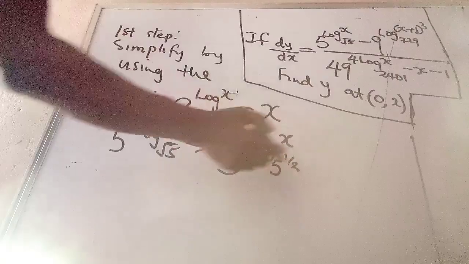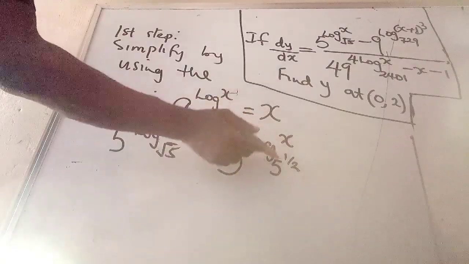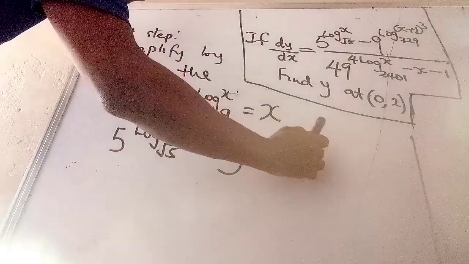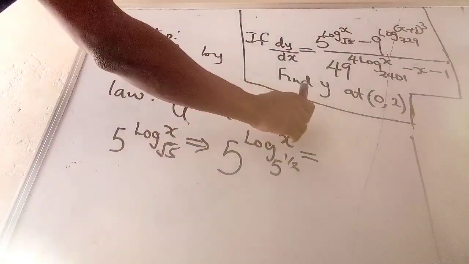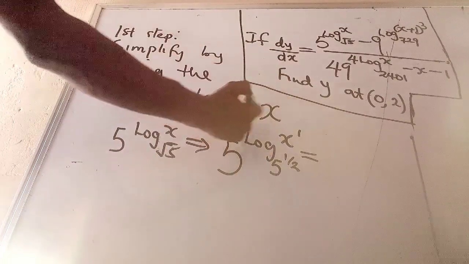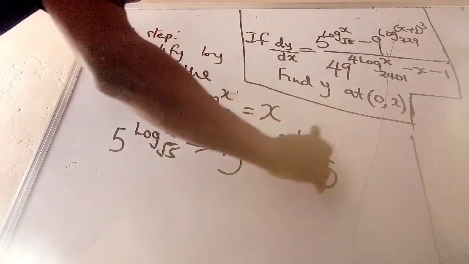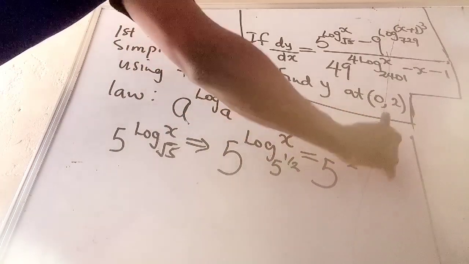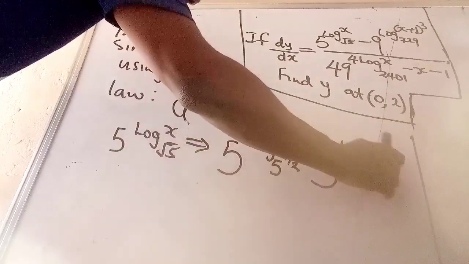So this power will shift to the back here. And you know there is a power of 1 on this x. That means this power and this power will shift to the back of the log. That will be 5 raised to power 1 over 1 over 2 log x base 5.